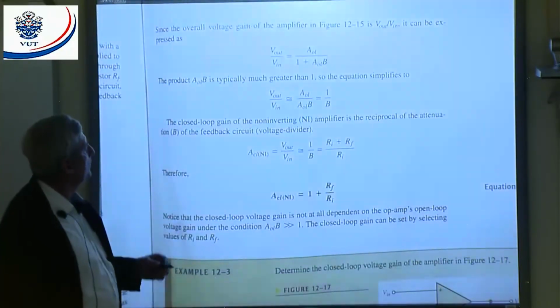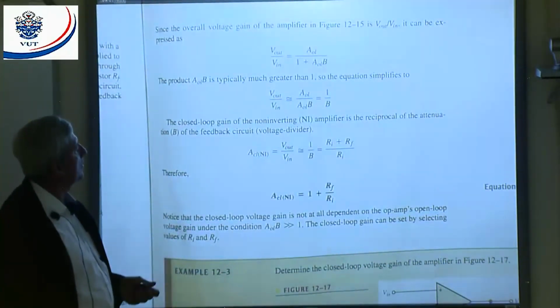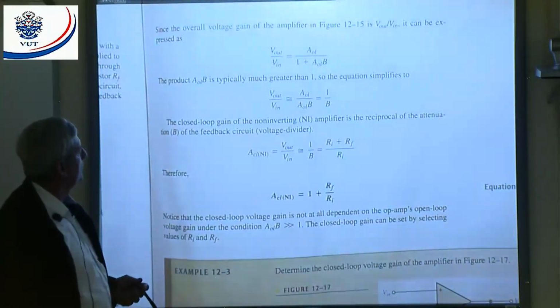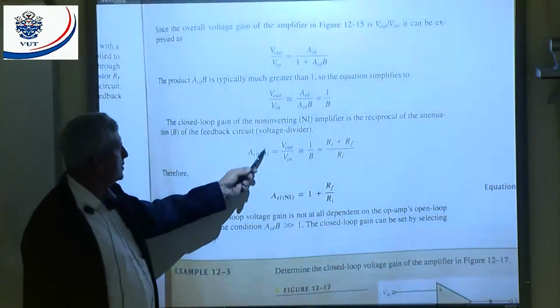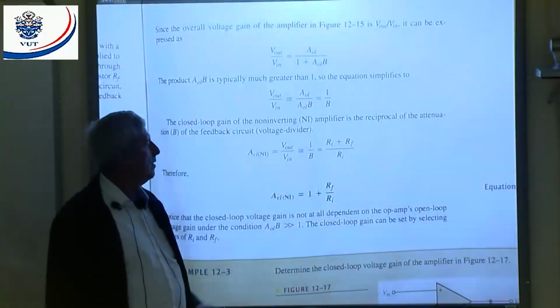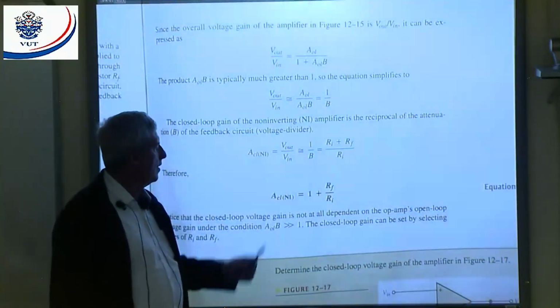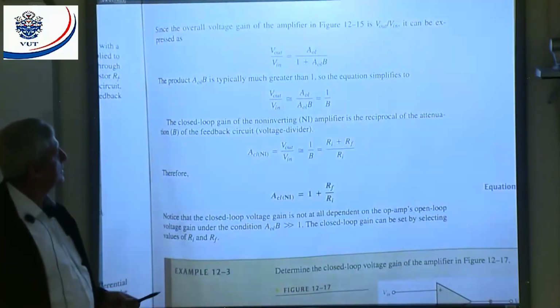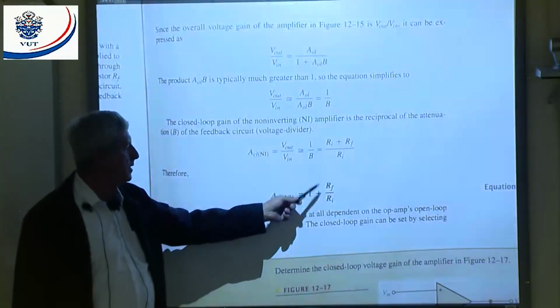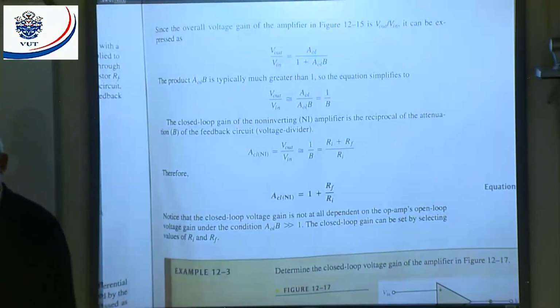The closed loop gain of a non-inverting amplifier is the reciprocal of the attenuation B of the feedback circuit voltage divider. Closed loop gain V out over V in is 1 upon my attenuation, which is Rin plus Rf over Rin. The Rin cancels out, then I can say the closed loop gain of a non-inverting amplifier is equal to 1 plus Rf over Rin.